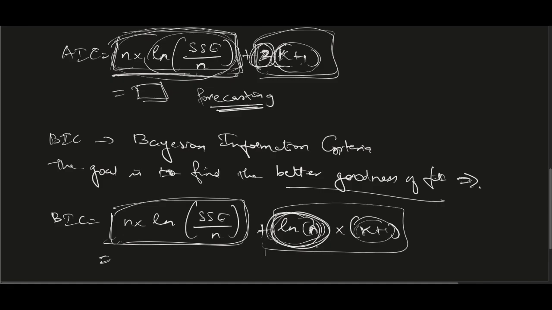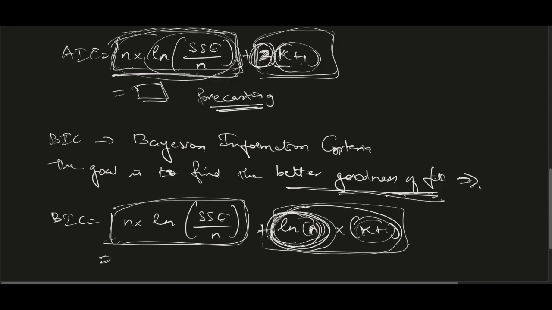So you are scaling with a bigger number, bigger error, because we are finding whether the model is good enough or not, so we are being more strict here. For example, if you take ln of 50 or ln of 100, you will get more than 2.